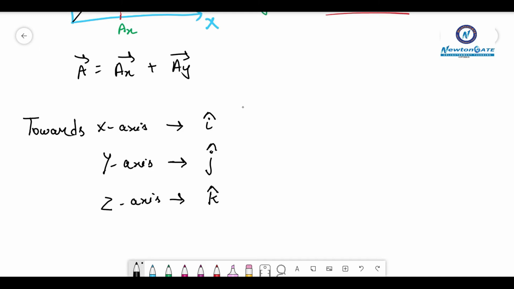When I put a cap over a vector, it means it is a unit vector. So all these are unit vectors.